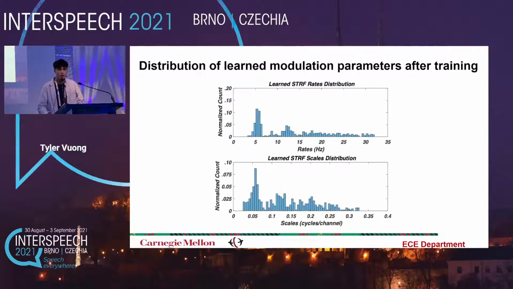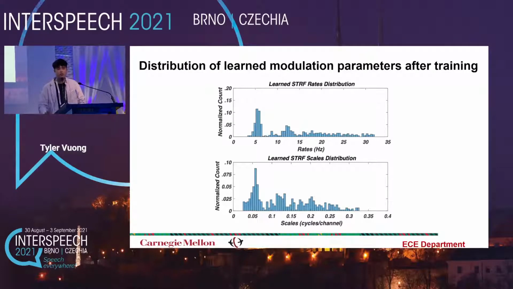Because we have STRF kernels in the first layer, we can actually plot the rates and scales distributions to see what rates and scales the kernels are actually converging to. On the top, you can see the rates distribution. It's nice to see that for rates, a lot of the kernels converge to around 4 to 5 hertz, which also aligns with the syllabic rate of speech.